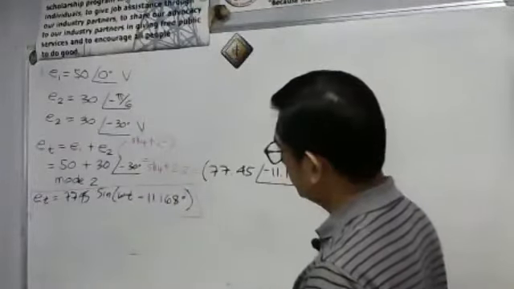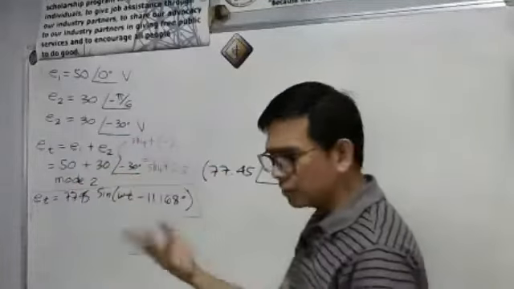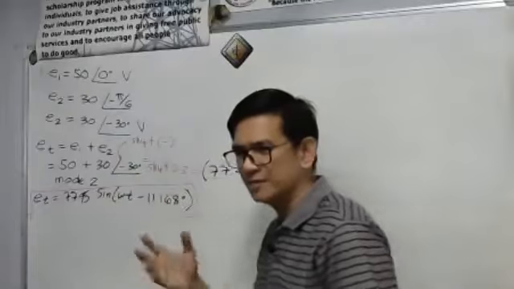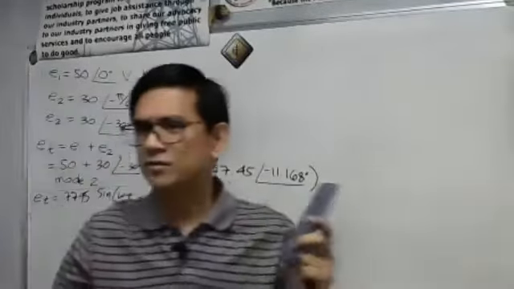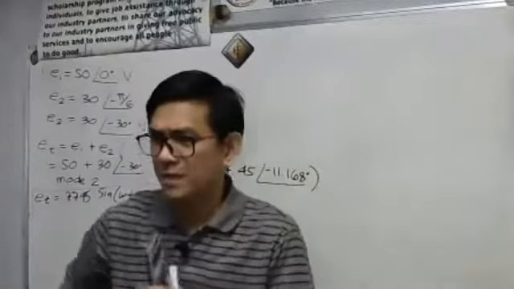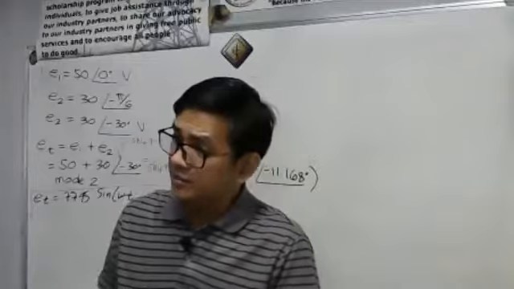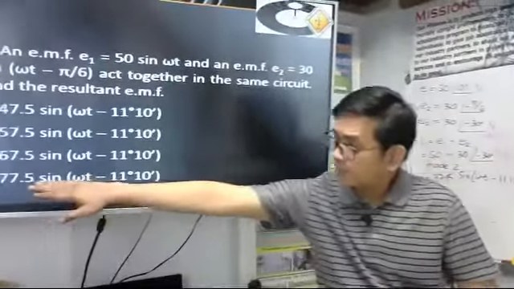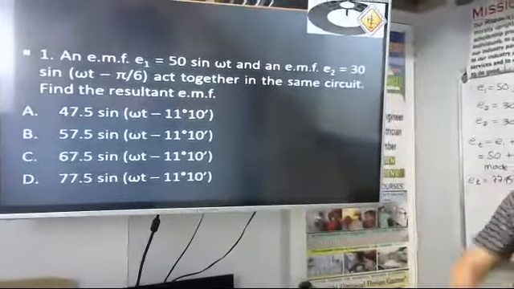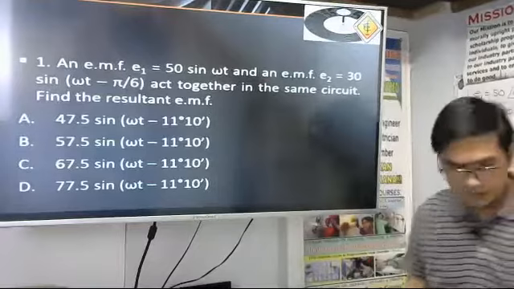I'm sorry that I cannot discuss to you the very detail of the rectangular polar form. It's quite hard, no? For this very long to discuss this complex number. This is being studied in advanced engineering mathematics. Okay, so the answer here for number 1 is 77.5 sine omega t, okay, minus 11 degrees.